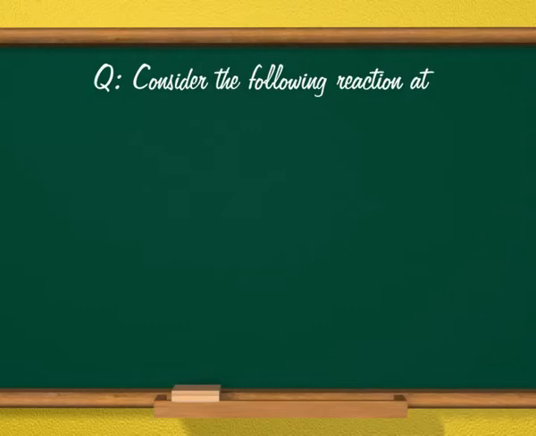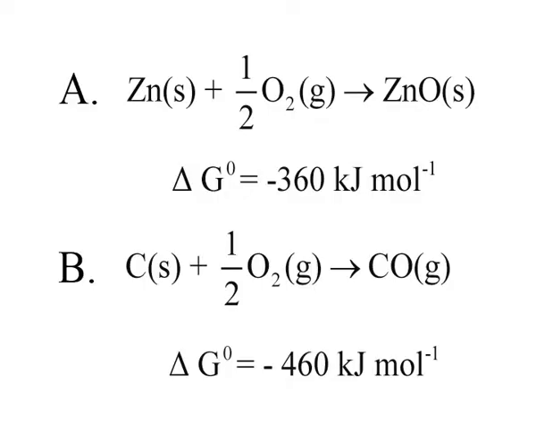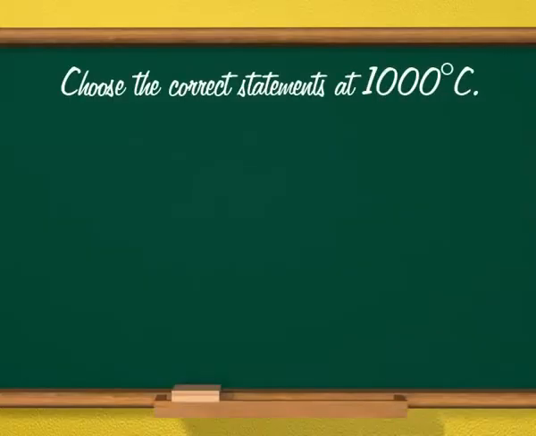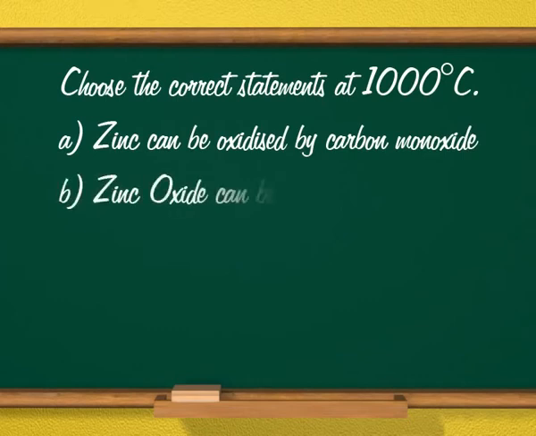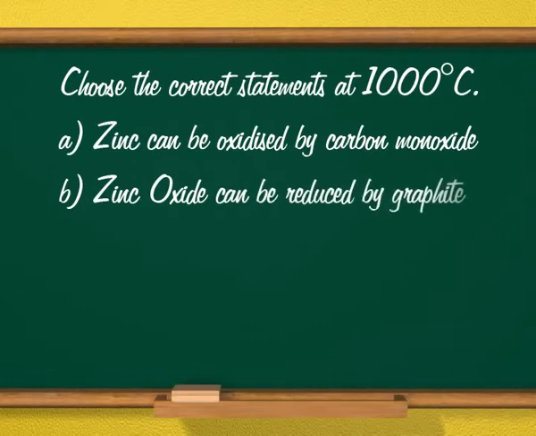Now my first question is, consider the following reaction at 1000 degrees centigrade. Choose the correct statements at 1000 degrees centigrade. A. Zinc can be oxidized by carbon monoxide. B. Zinc oxide can be reduced by graphite.